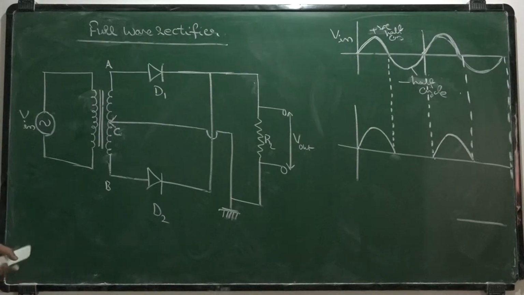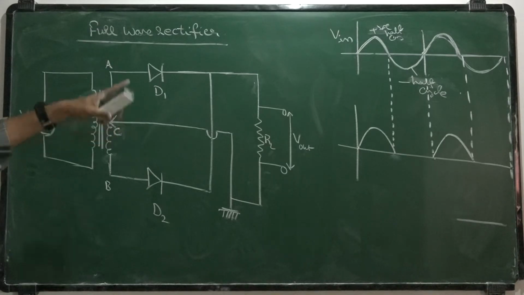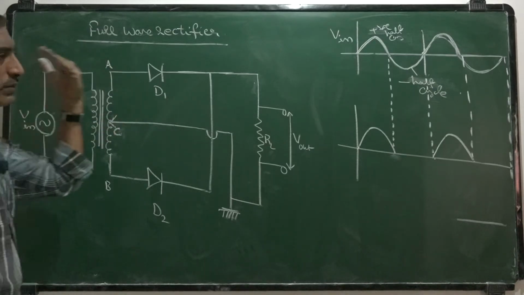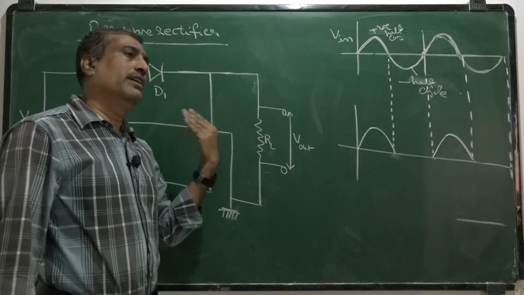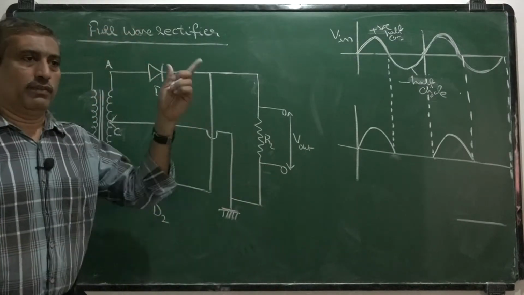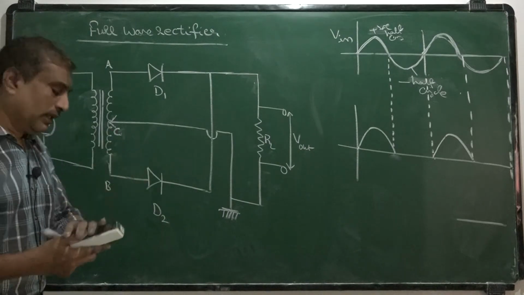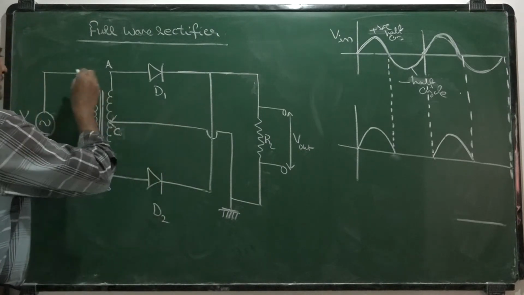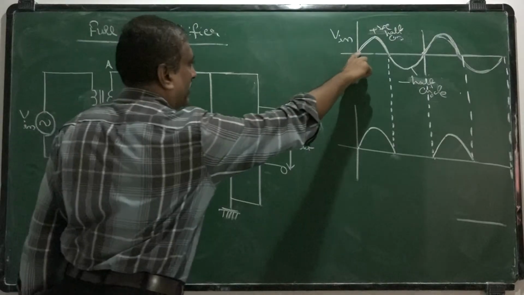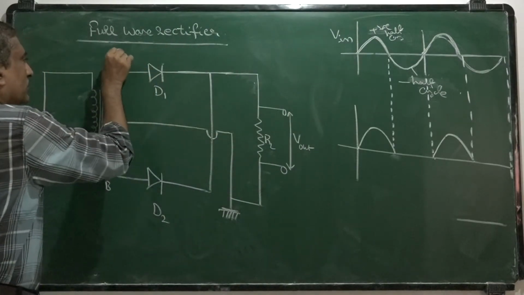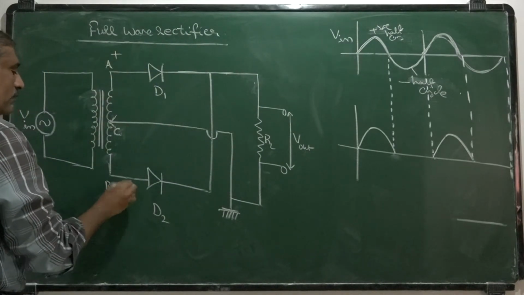Now we see how this full wave rectifier works. Similar to the half wave rectifier, here also the input gives a positive half cycle and a negative half cycle at regular intervals of time. First consider that during the positive half cycle, A becomes positive and B becomes negative.